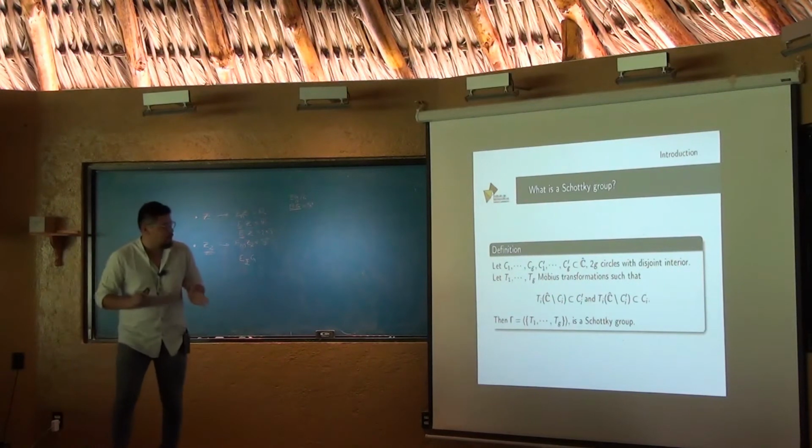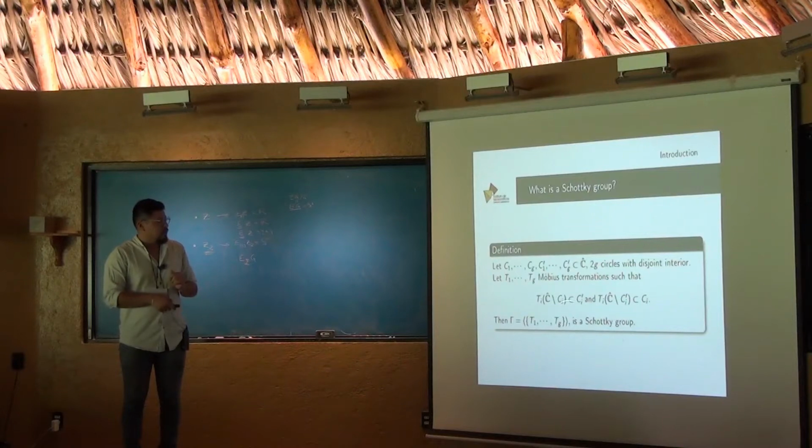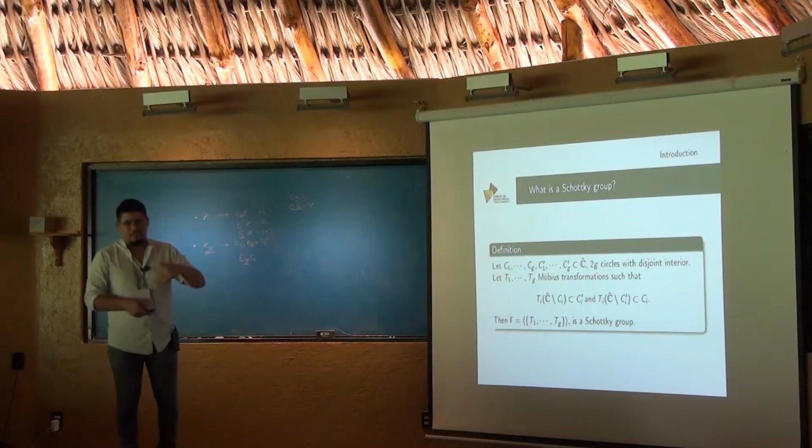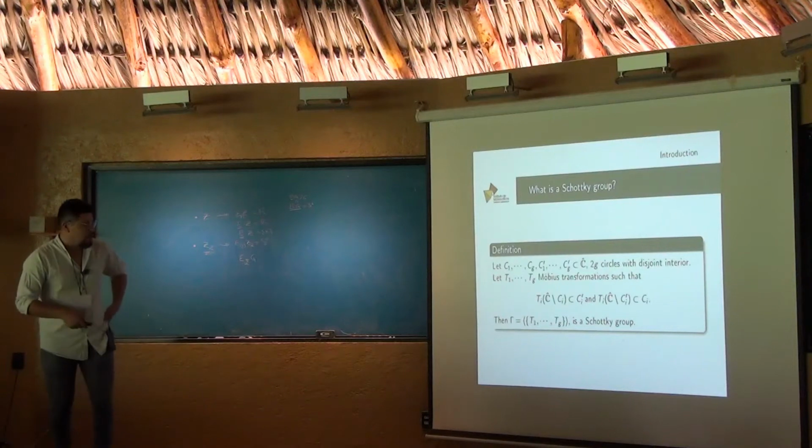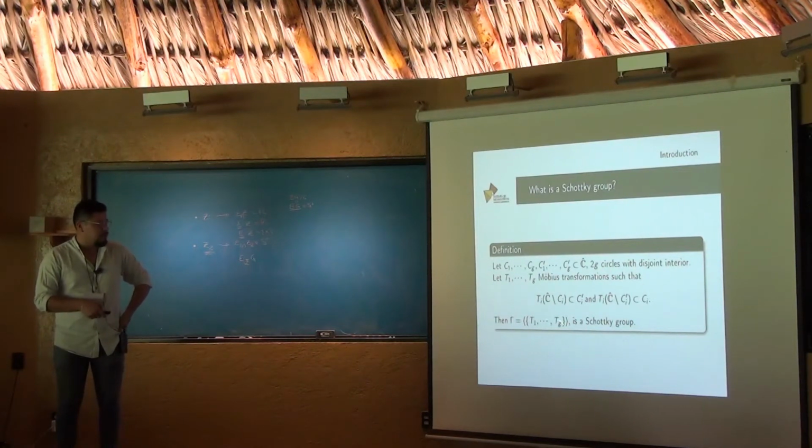How is the pairing? The complement of one circle will be inside another, and the complement of the other circle will be in the interior of the previous one. The group generated by these transformations is called a Schottky group.